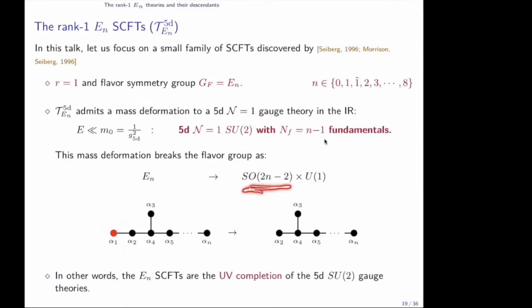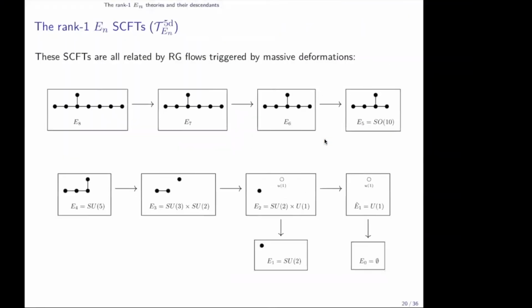So SO(2n-2), of course, is the flavor symmetry when you have n-1 fundamentals of an SU(2) gauge group, or a symplectic group. And there is a whole family, 10 of them. You just start from the E8 symmetry, and you can break by various mass deformations all the way to E7, E6, E5 is SO(10), E4 is SU(5), all the way to E0 here that we mentioned before, which is the trivial theory.